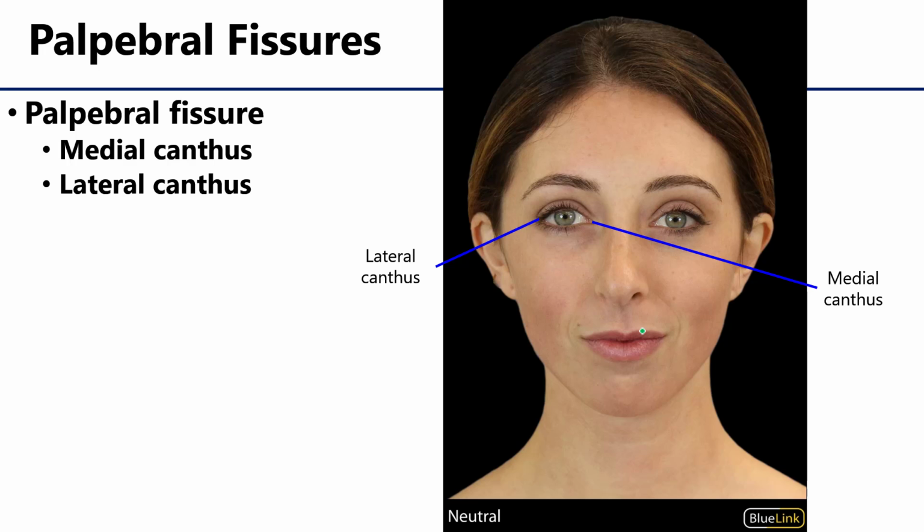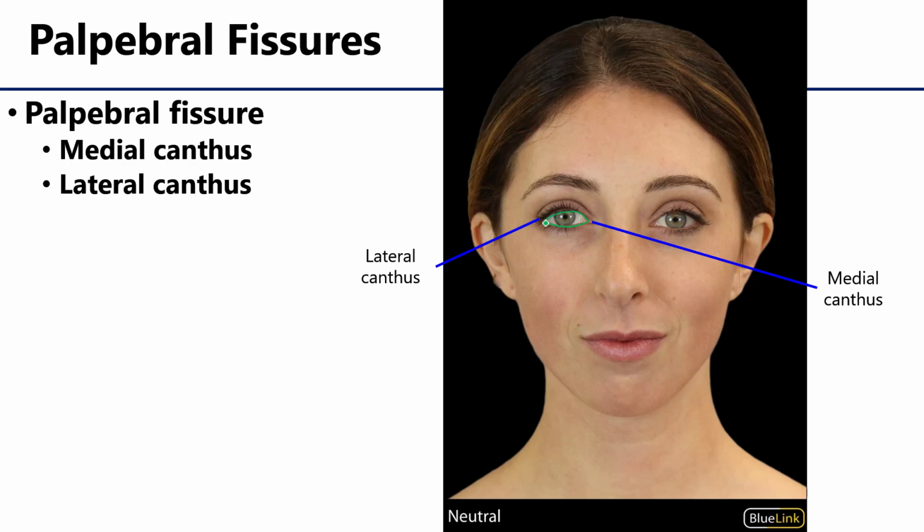So let's take a look at the palpebral fissures. We'll discuss the orbit and eyes in much greater detail in a subsequent session. But for the time being, let's look at the opening to the eyes, these palpebral fissures. So there are two sides to the palpebral fissure.